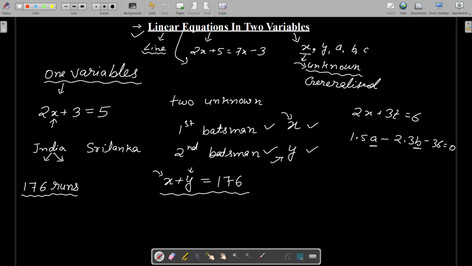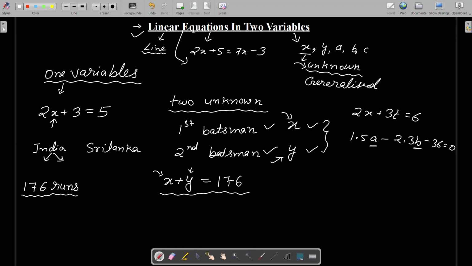That's how the linear equation in two variables came into existence, and that is the need: when we have to represent or determine two unknown quantities, we require a linear equation in two variables.